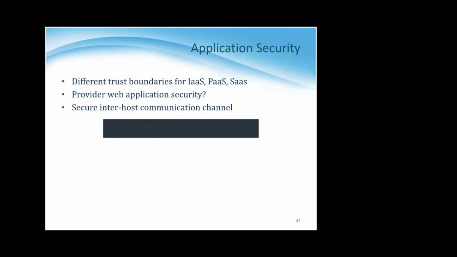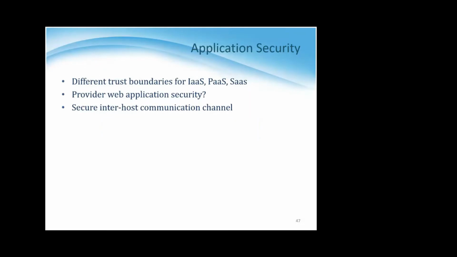Different trust boundaries for IaaS, PaaS, and SaaS, provider web application security, and secure inter-host communication channel are concerns. So authentication: OTP plays the major role in application security. Any bank transaction, or anything you want to share, or any email verification, or login verification, or identity verification, or multi-factor authentication, everything needs application security.